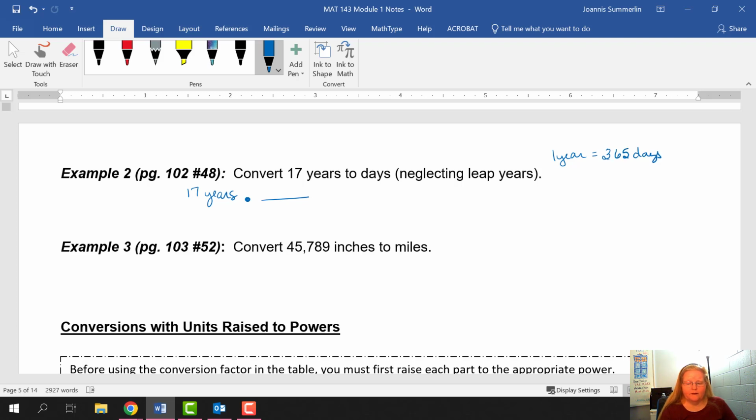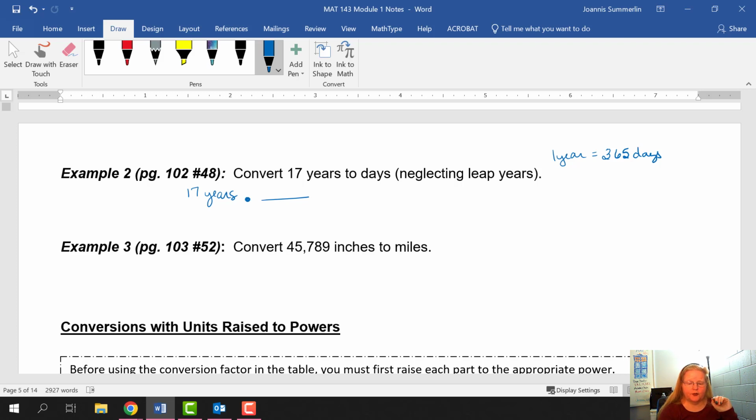Okay. I can make two fractions out of this. I could put the 365 days on top or the 365 days on the bottom. Where do you think I want to put the days? I want to put it on top because we're looking for days.